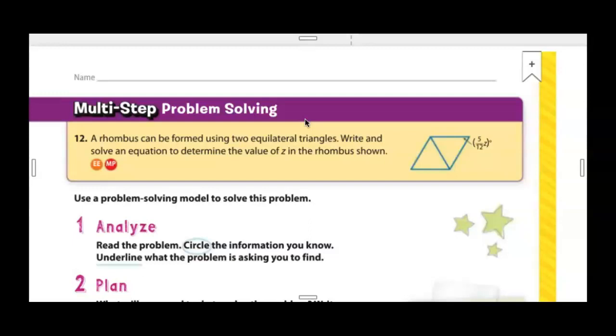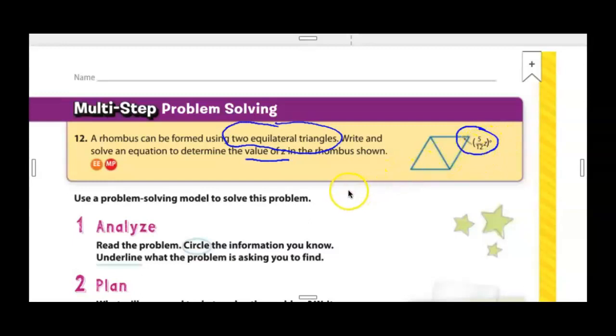Okay, so I am going to underline what I'm being asked to find, and that is the value of z. And the important information is that these are equilateral triangles, and over here we have 5/12 times z is equal to that.